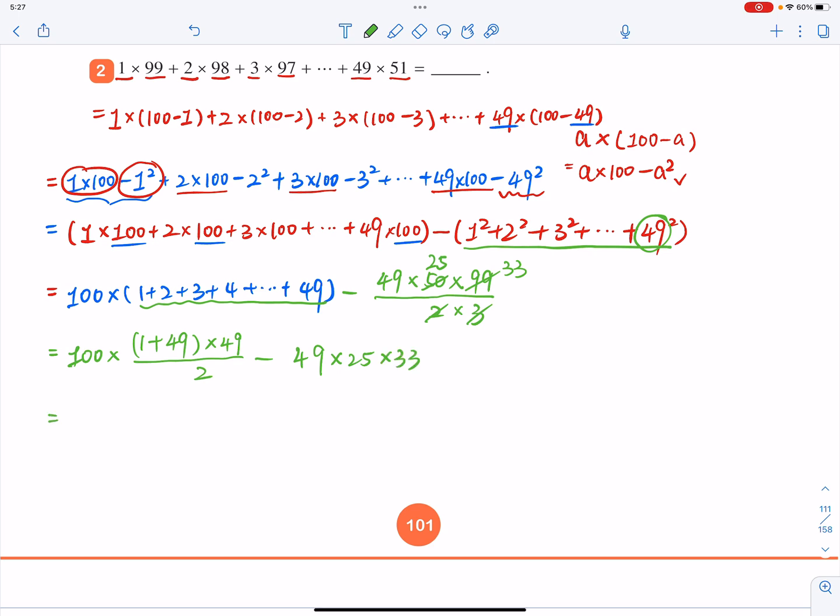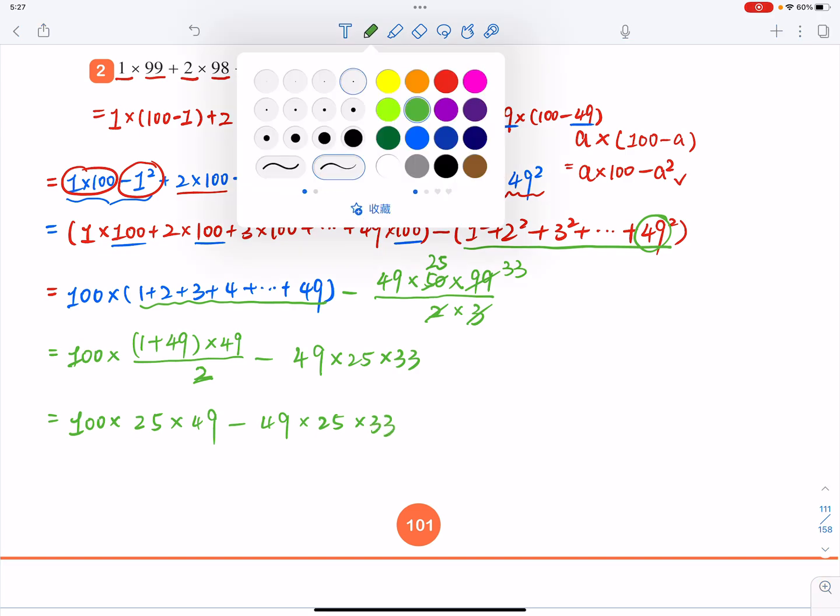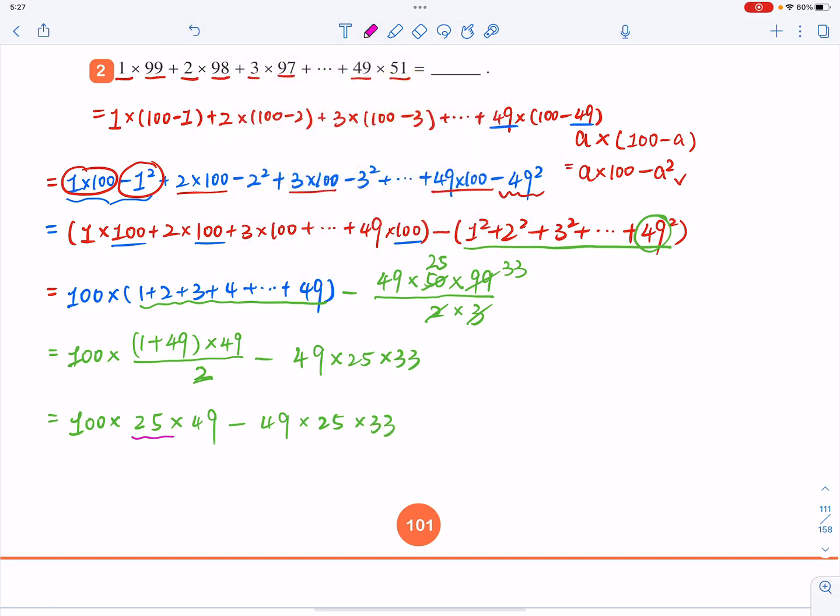Okay, next step. We got 100 times by 1 plus 49 will be 50, right? And then 50 divided by 2, you got 25. So that will be 100 times by 25 times by 49. And then take away 49 times by 25 times by 33. And now guys, you'll find this common factor of 25 times by 49. And now we can take that out.